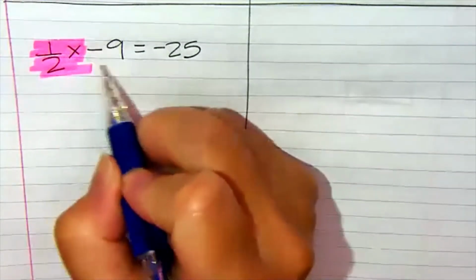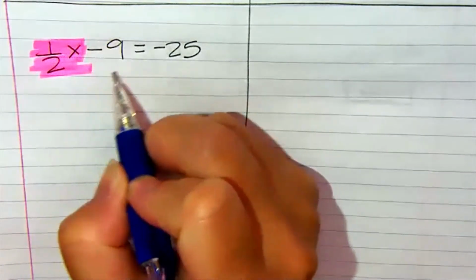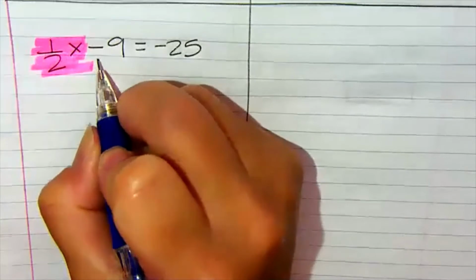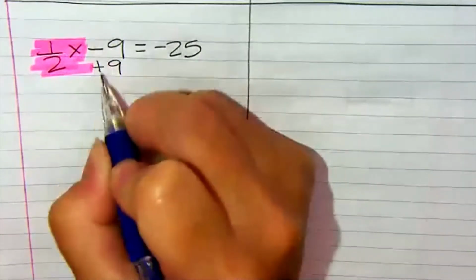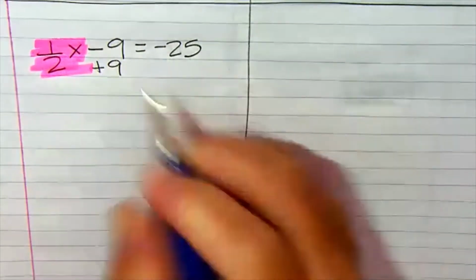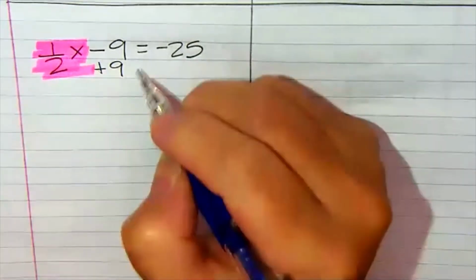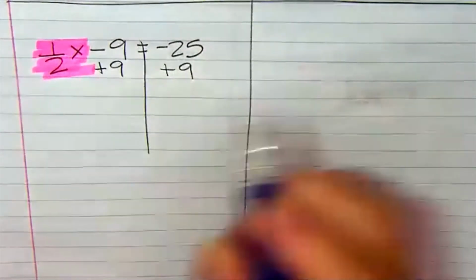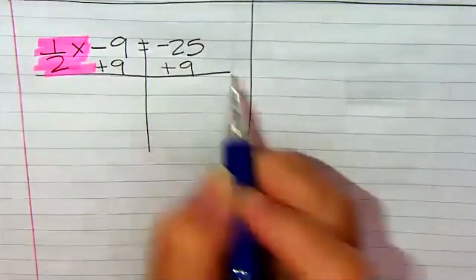But first I need to get rid of this negative 9 or this minus 9. To do that, I'm going to use the inverse operation, plus or positive. I'm going to add 9. And what I do to one side, I must do to the other.